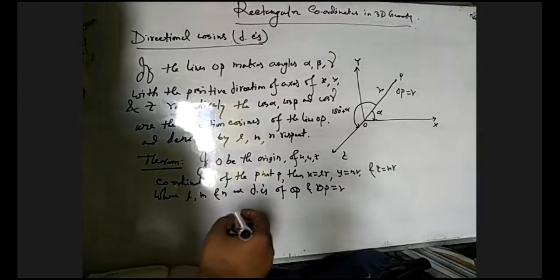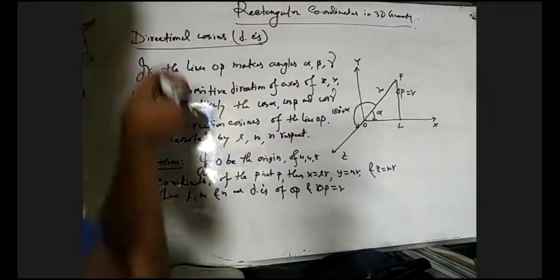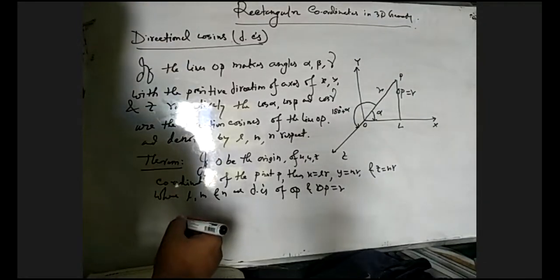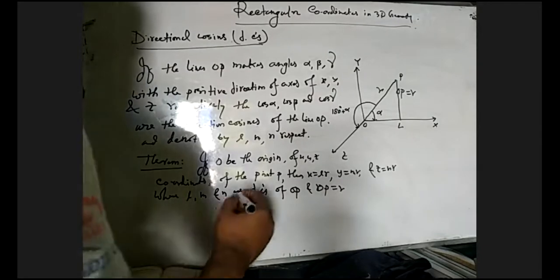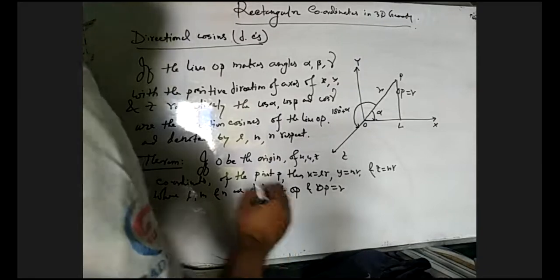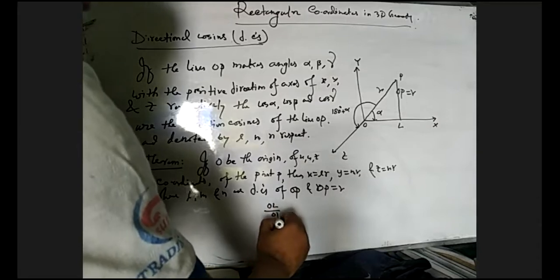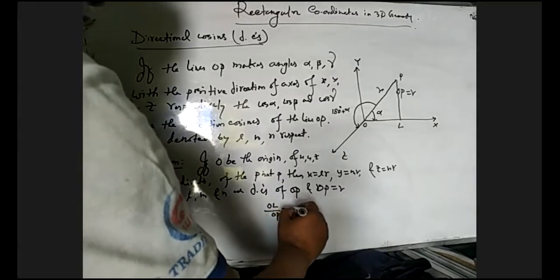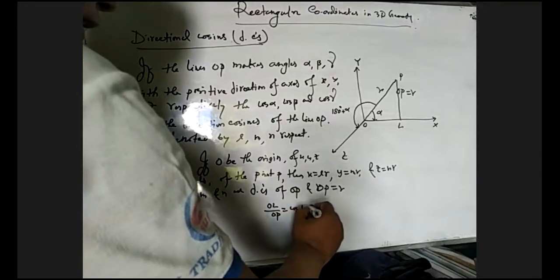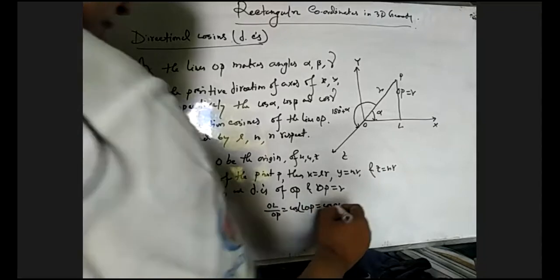If we draw a perpendicular PL on the x-axis, then OL divided by OP is the cosine of angle LOP, that means cos alpha.